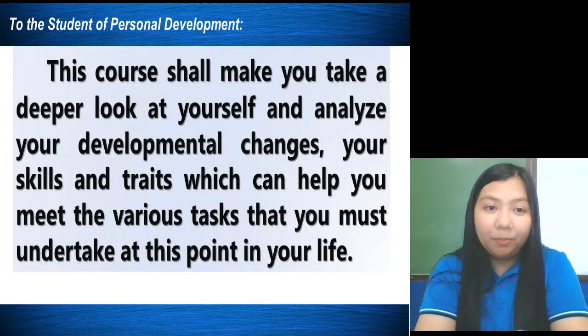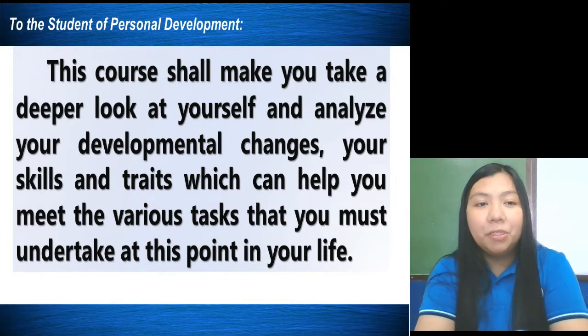This course shall make you take a deeper look at yourself and analyze your developmental changes, your skills and traits, which can help you meet the various tasks that you must undertake at this point in your life. It shall provide you with some techniques to meet stress and other mental health issues with one's strengths and coping powers.